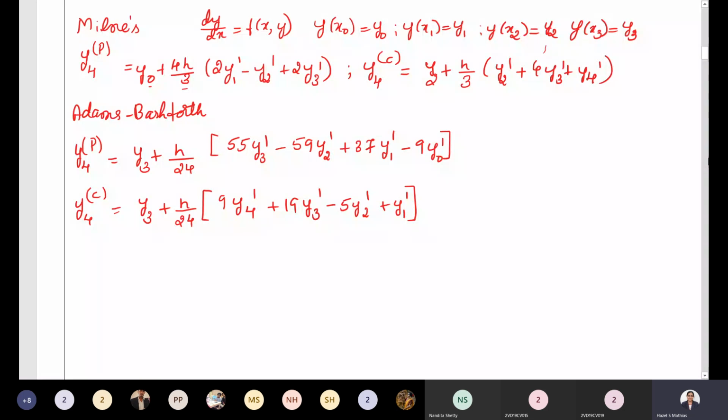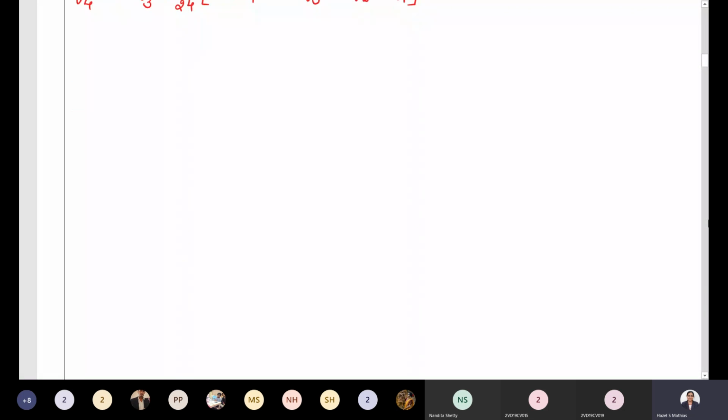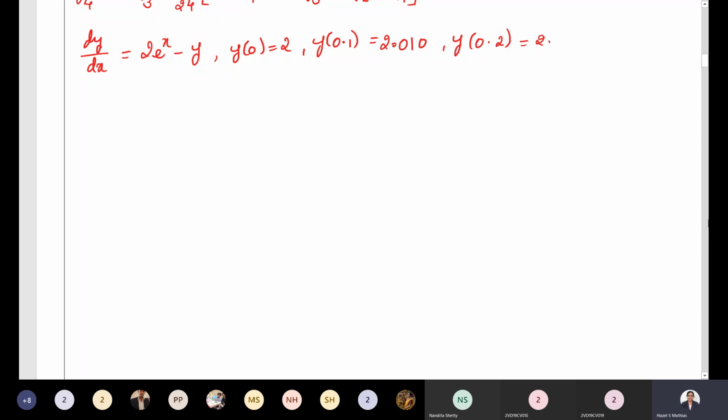The given differential equation is dy/dx equal to 2e power x minus y, with y(0) equal to 2, y(0.1) equal to 2.010, y(0.2) equal to 2.040, and y(0.3) equal to 2.090. Correct? Now we need to find the value of y(0.4).